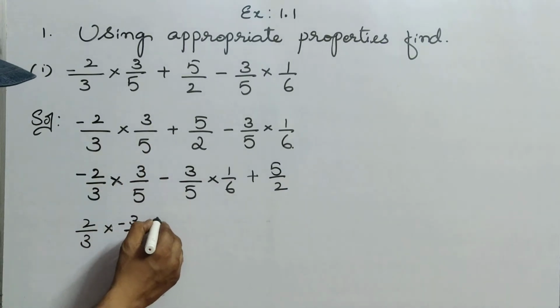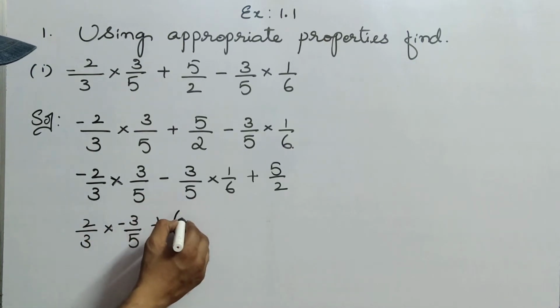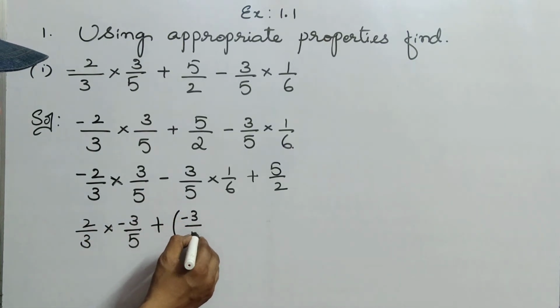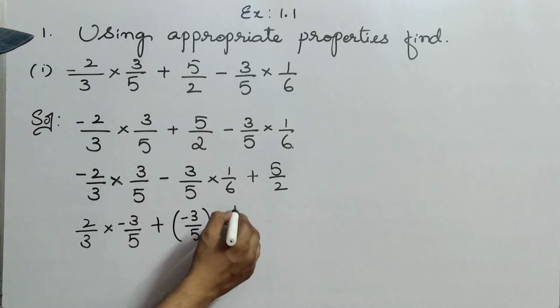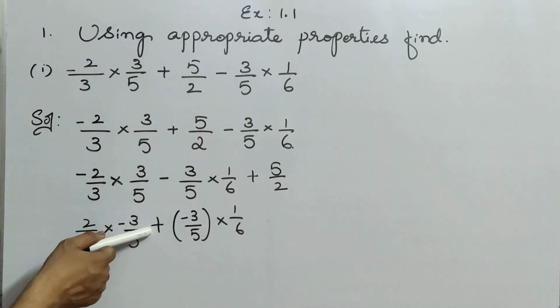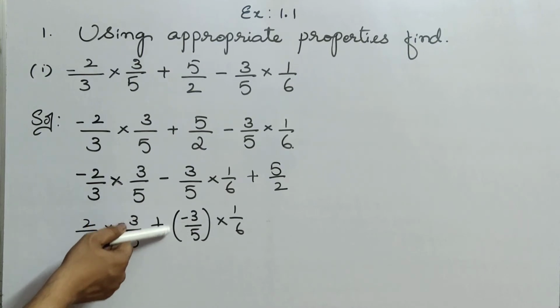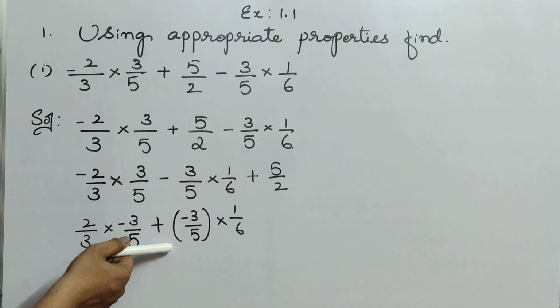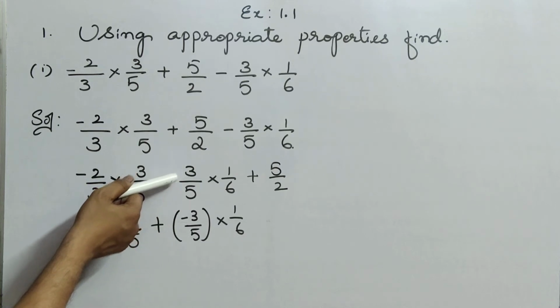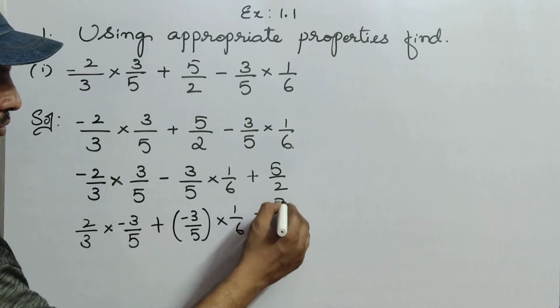Here you write plus. Okay. In bracket you write minus 3 by 5 into 1 by 6. Why I wrote the bracket is because you cannot write two symbols, plus minus, immediately like this. If you write like this, then you can have an idea that this is completely minus 3 by 5 plus 5 by 2.